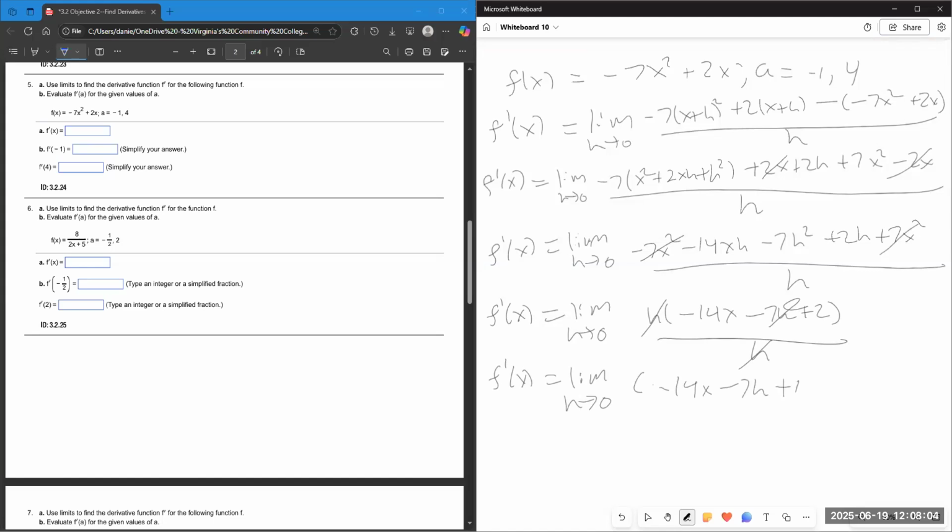So let that h term go to 0, leaving negative 14x plus 2 for f prime of x.